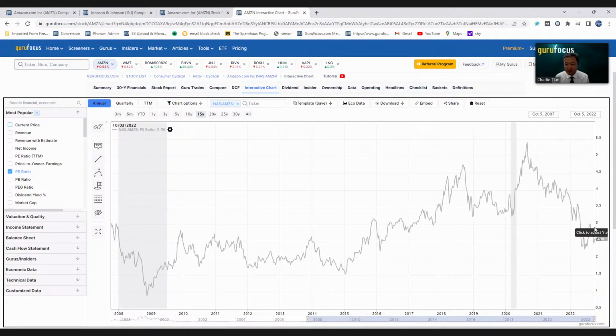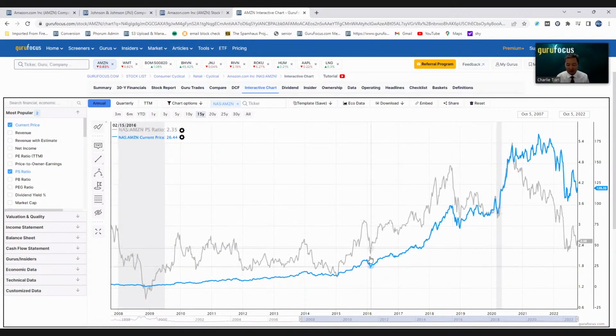And if we look at the 15-year PS ratio, if I remove the price chart, you can see that the PS ratio is much lower than now. It is the lowest in the last 5 years, and Amazon has been doing very well over the history. The PS ratio is actually similar to the current for a very long time, and PE ratio is just not a very good indication in some cases.